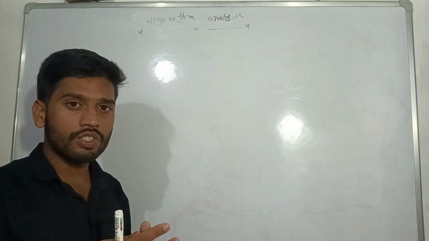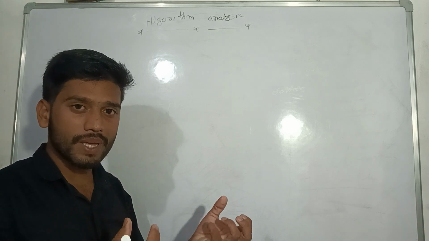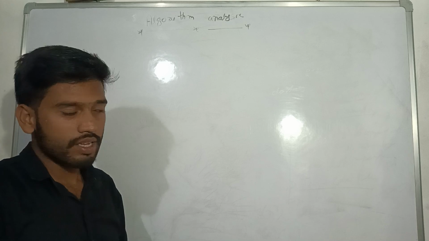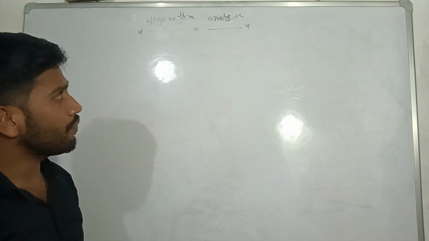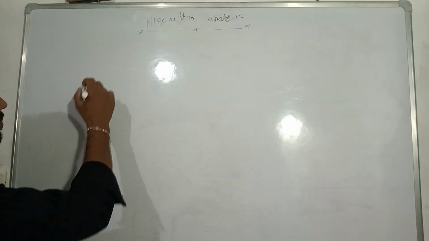Complexity is how much time it takes to execute, and how much memory, how much space it takes. On the basis of this, there are two types of complexity.